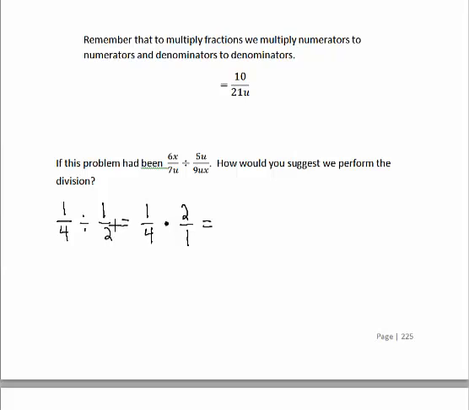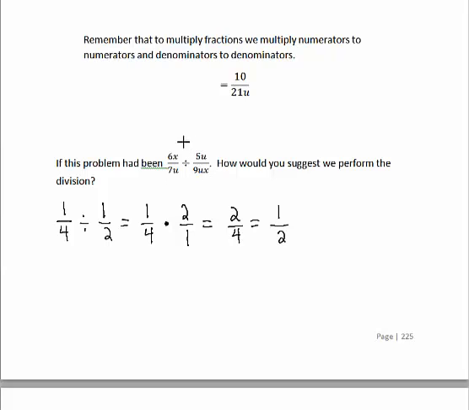So 1/4 divided by 1/2 is equivalent to 1/4 times 2 over 1, which would give us 2/4, and that would reduce to 1/2.